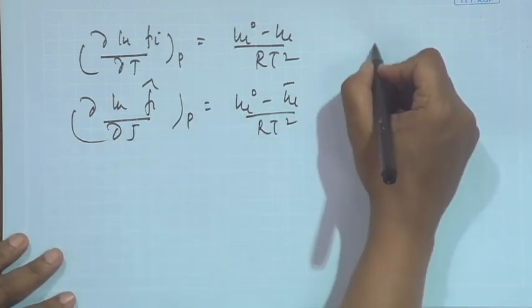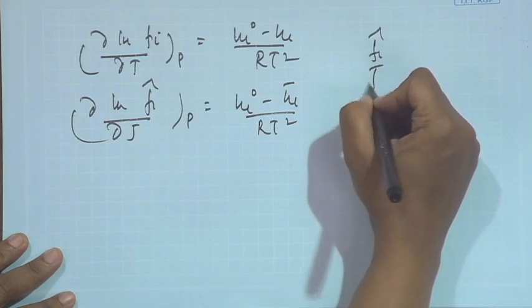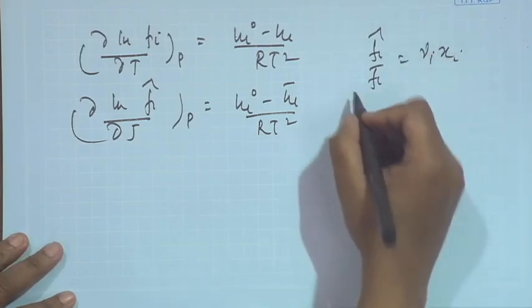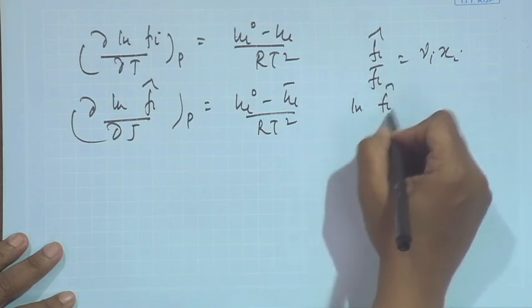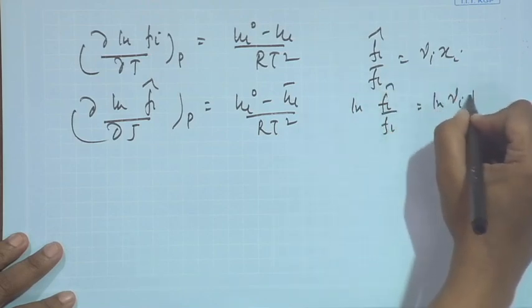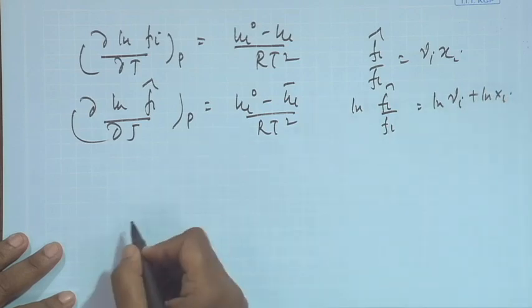And what do I know? I know φi bar by φi equals γi xi. So ln φi bar by φi is nothing but ln γi plus ln xi, agreed.